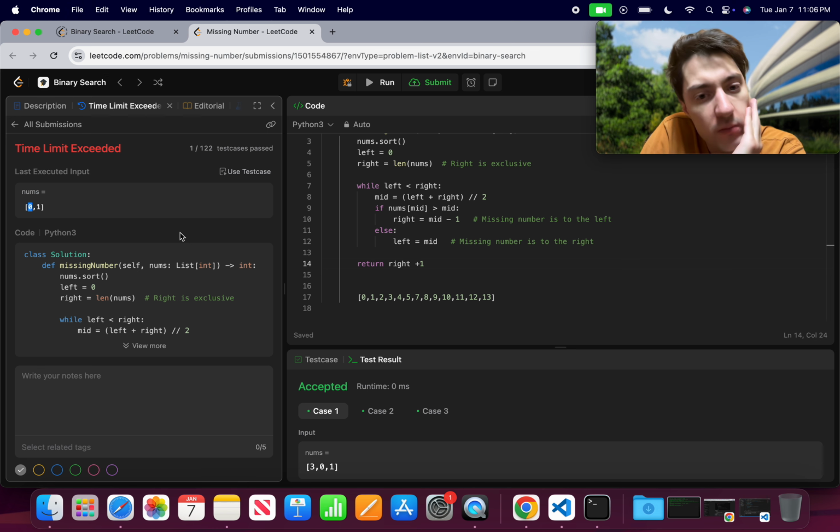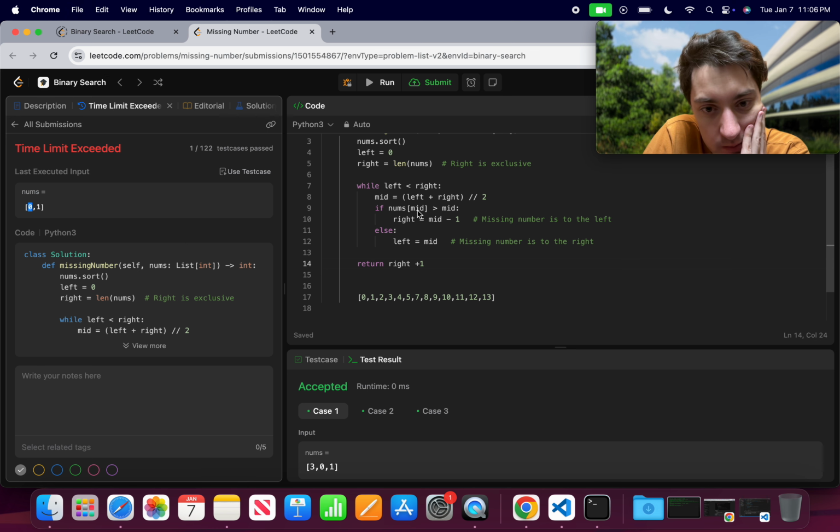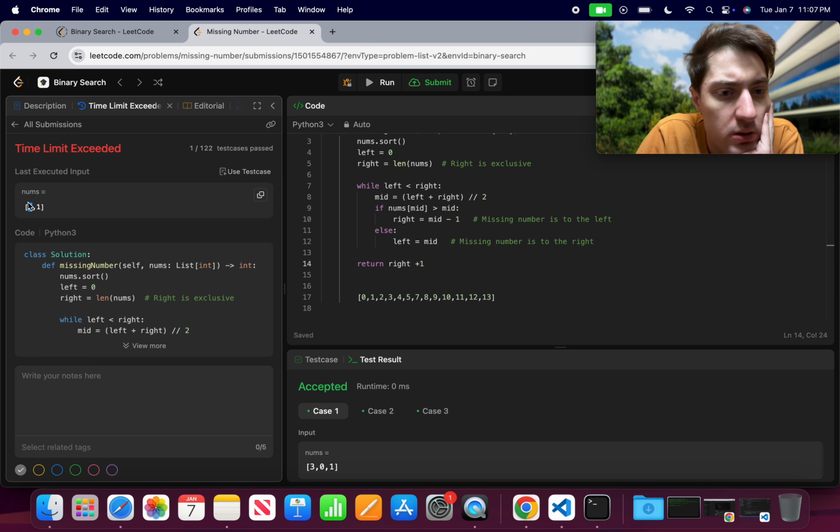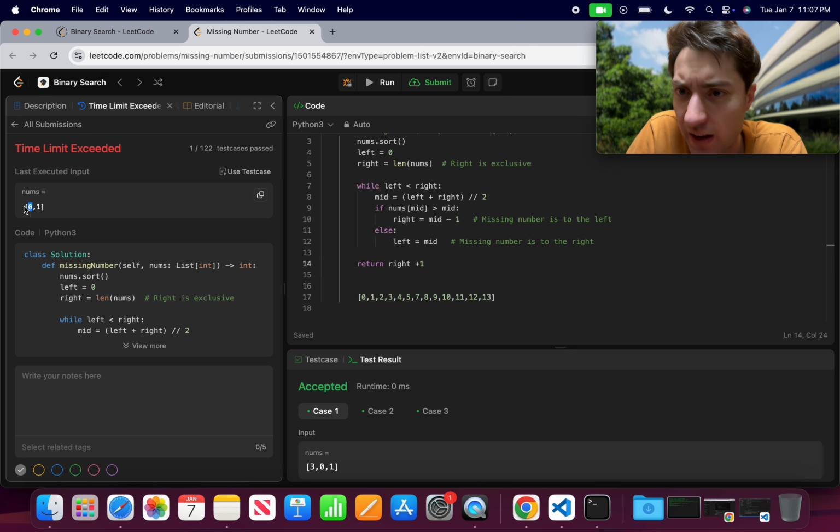Now I say nums here, is it greater than the index? No, because the 0th index corresponds to the number 0. Okay. So what do I do? Mid minus 1, all of a sudden I'm off the graph.